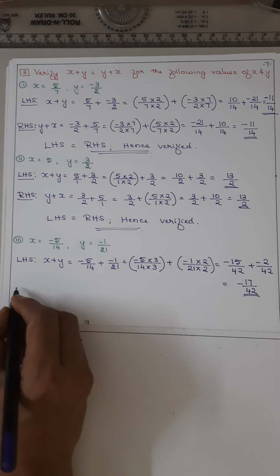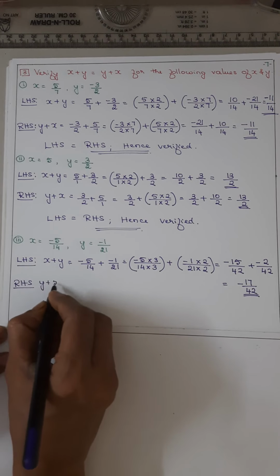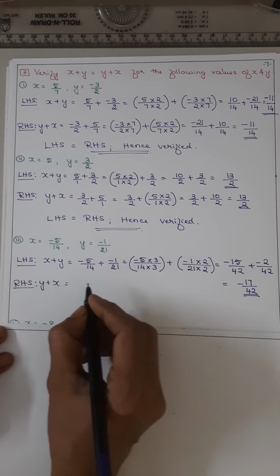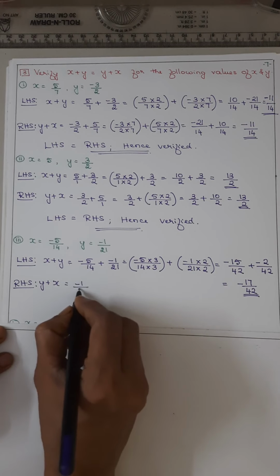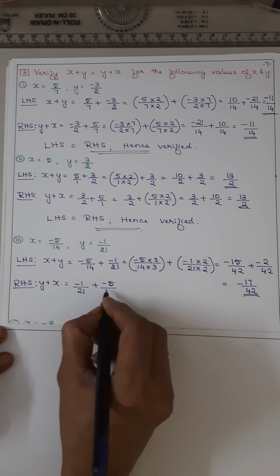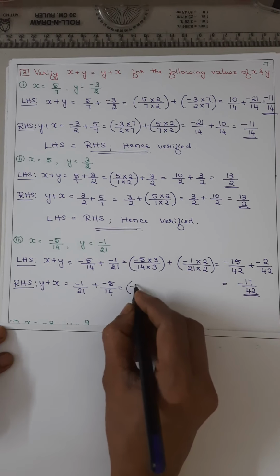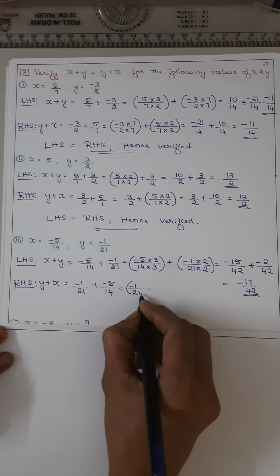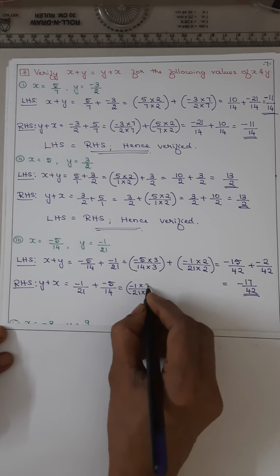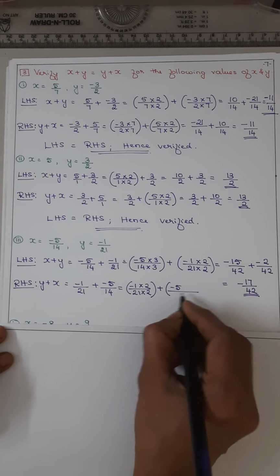Now coming to the RHS, that is y plus x, that is minus 1 by 21 plus minus 5 by 14. Same interchange. Minus 1 by 21 2s are, plus minus 5 by 14 3s are.